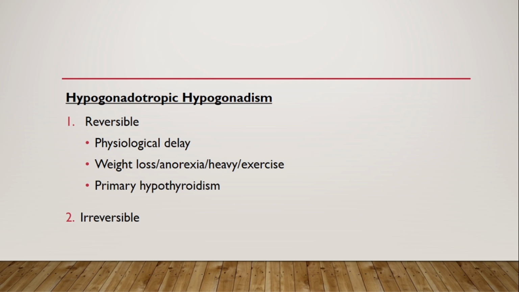Two types of this hypogonadotropic hypogonadism can be seen. We have the reversible and then the irreversible hypogonadotropic hypogonadism. The reversible hypogonadotropic hypogonadism occurs in patients with physiological delay.